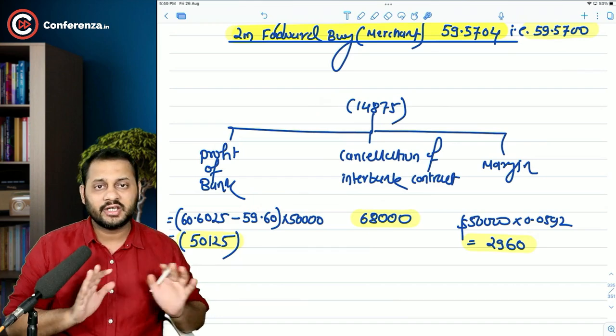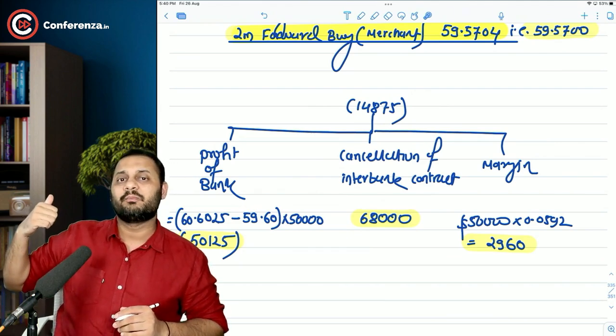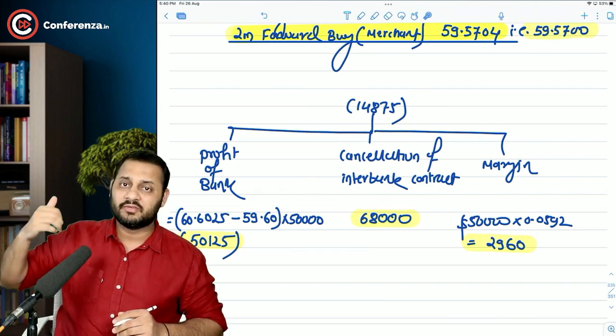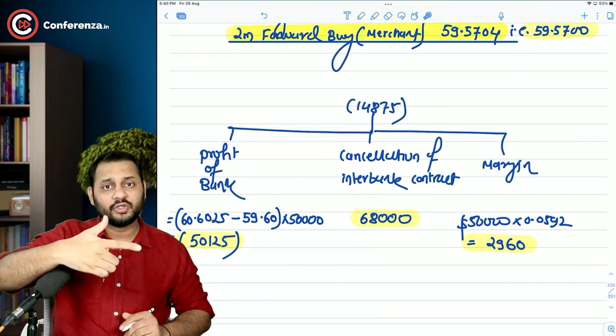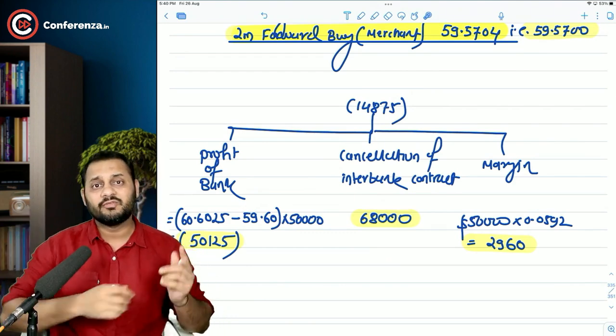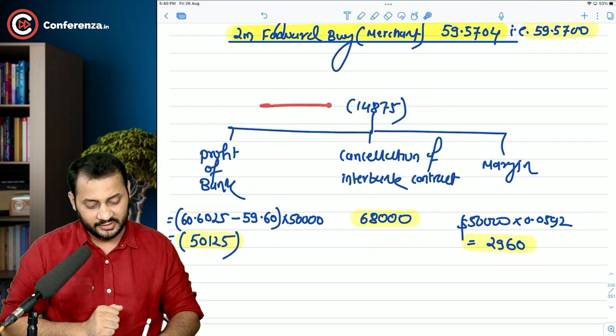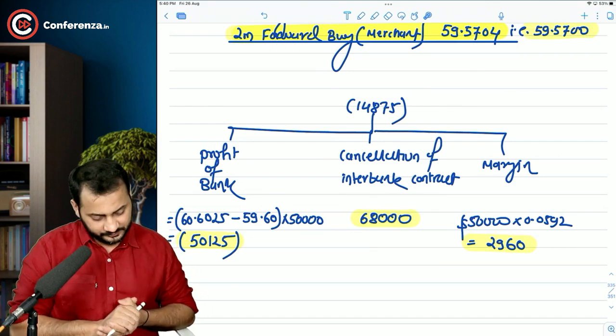So you should not get worried about what will happen to the cover contract of the bank in the interbank market, because if there is a profit there in the cancellation, it will be passed on to the client. If there is a loss to the bank because of the customer, it will be recovered from the client, and it is always included in this amount. So need not be worried about it.